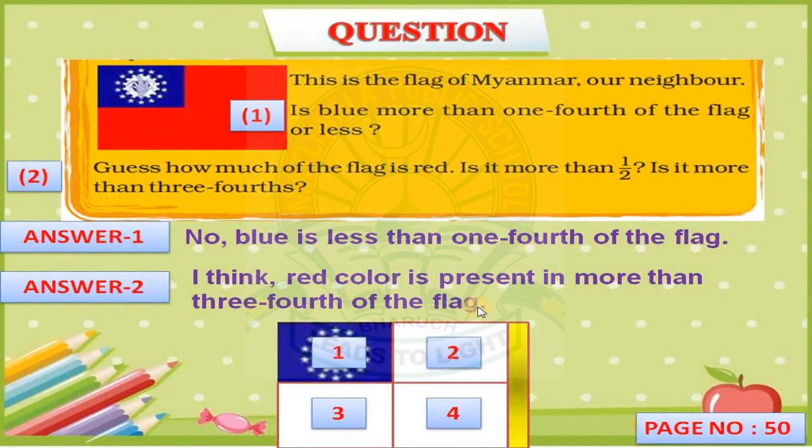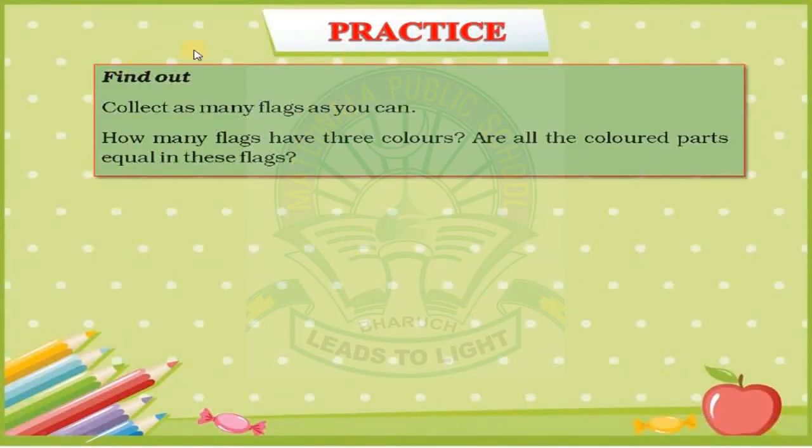Understood? Now, beta, one activity, I am giving you homework. You have to collect as many flags as you can. You can collect the Pakistan flag, Zimbabwe flag, America flag, UK flag.